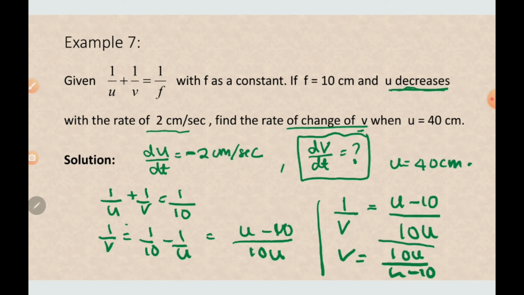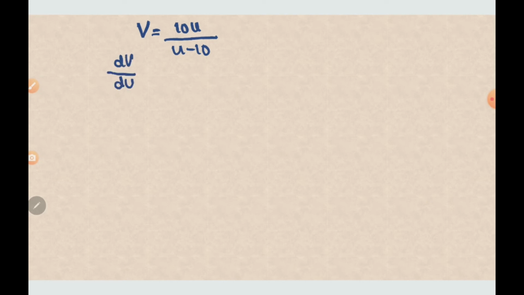Okay, so this is the relation between u and v. Now we continue. V can be written as 10u over u minus 10. So we want to find out what is dv du.